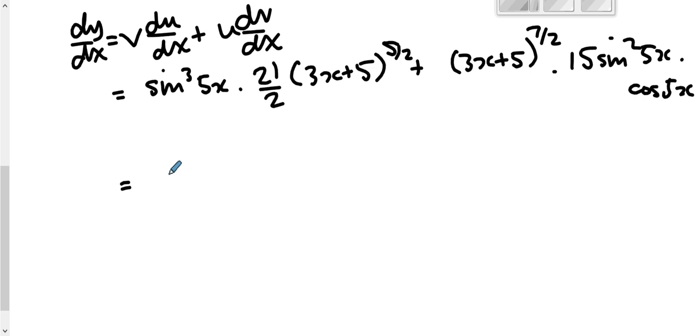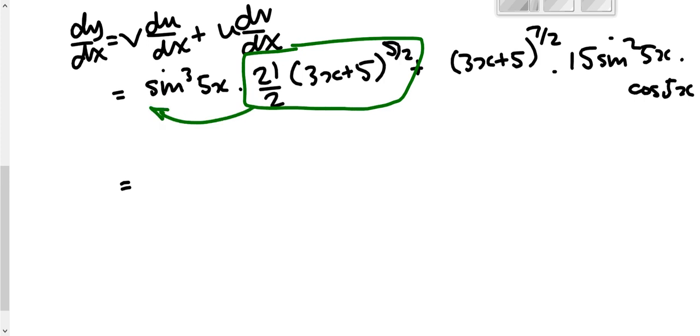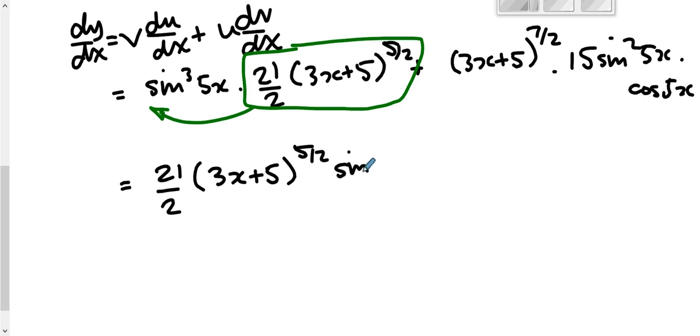So the next thing to do is to try and simplify it a bit. So I'm going to move this bit here to the front. I think I've said before that you tend to put numbers first, so 21 over 2, then powers, so (3x plus 5) to the 5 over 2, and then the wordy functions like sine, cos, and ln at the end.